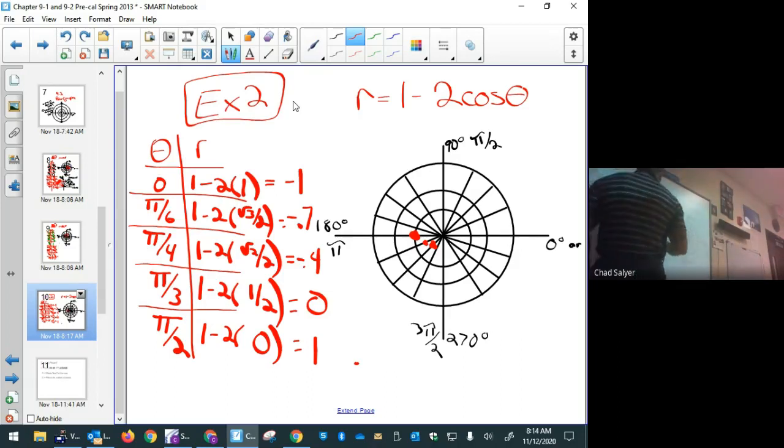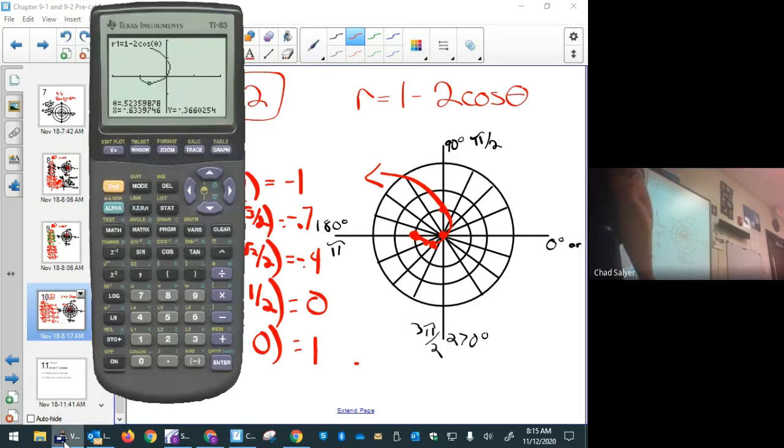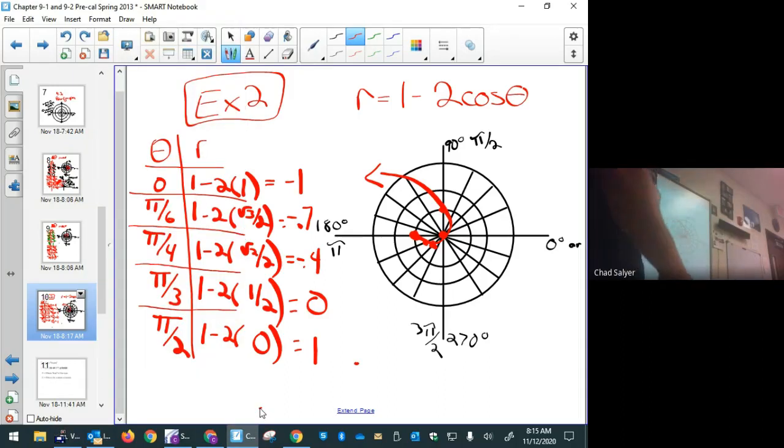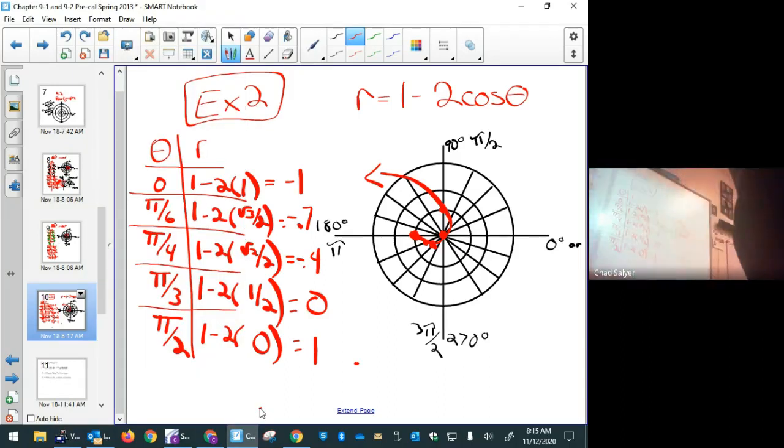Pi over 3 is 0. And pi over 2 is 1. So it's going to kind of do that funky thing. And if we let theta go on, it would spiral around and make some interesting shapes.